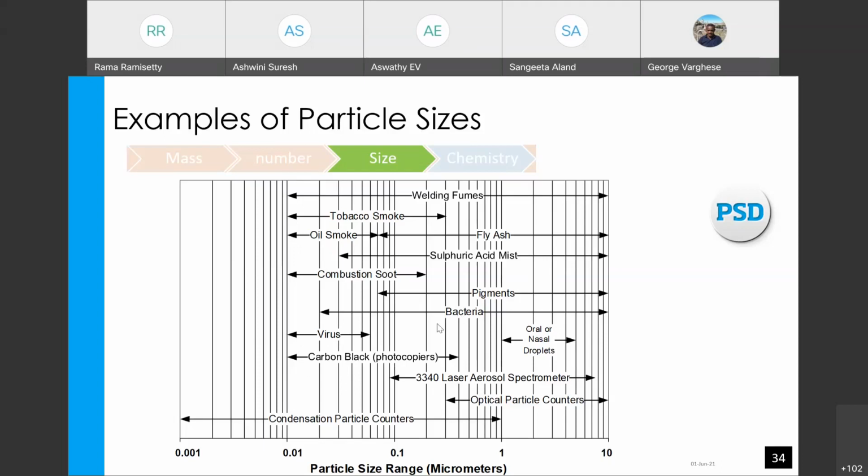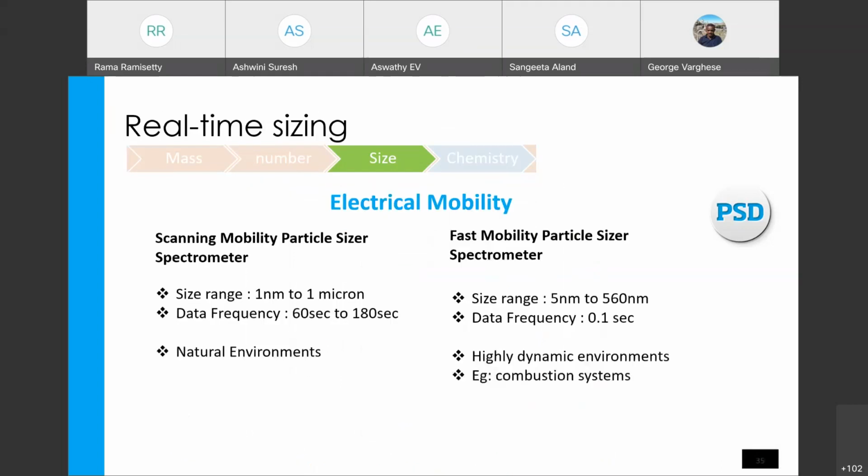So in the atmosphere we have a very wide range of aerosols in terms of size. There is no instrument that can do sizing of the entire range, so we have to select the instrument for sizing based on our application. For example, for the electrical mobility principle, we have two different methods: the scanning mobility particle sizing spectrometer method, or the fast mobility particle sizing method.